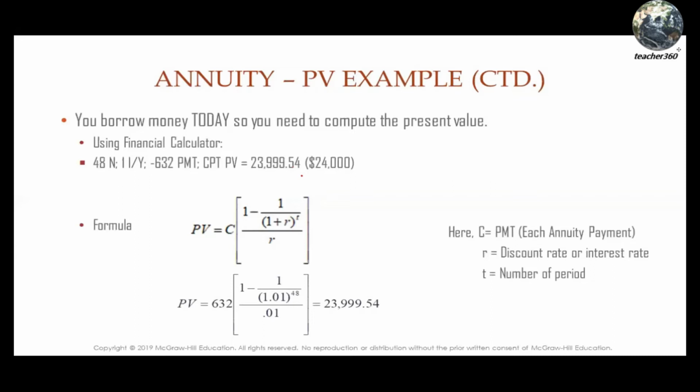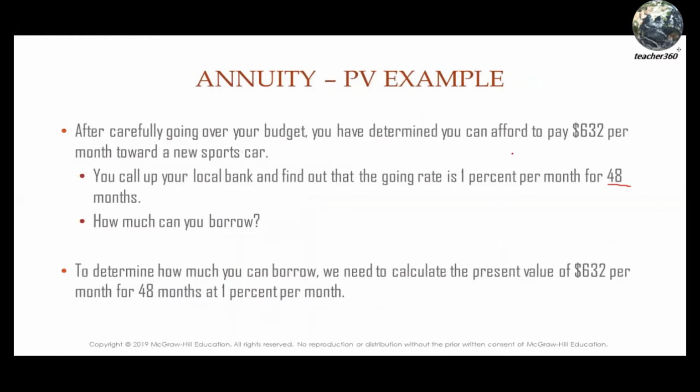Using the formula, your C or PMT, each annuity payment, is $632. I have to explain more about this $632. As you can see here, you can afford to pay $632 per month. You will pay $632 per month, and it will continue until your contract ends.